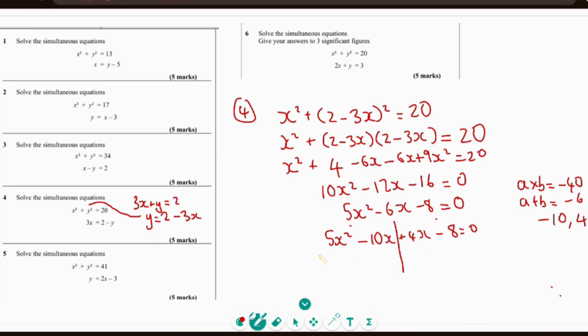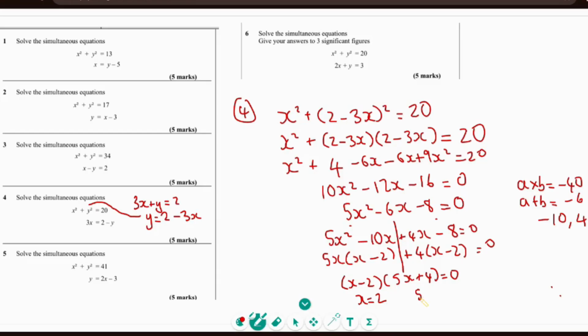Factorise. And we have x minus 2, 5x plus 4. X is 2.